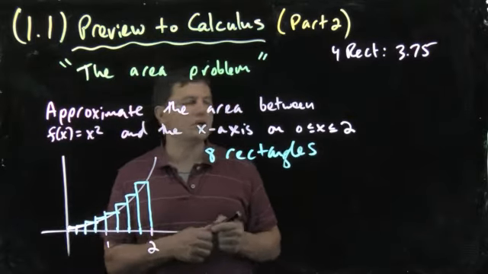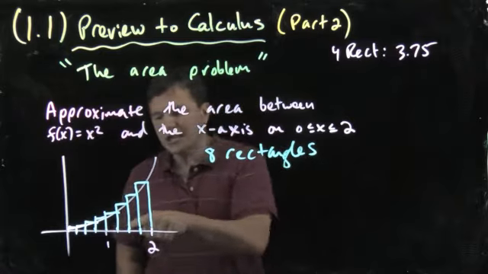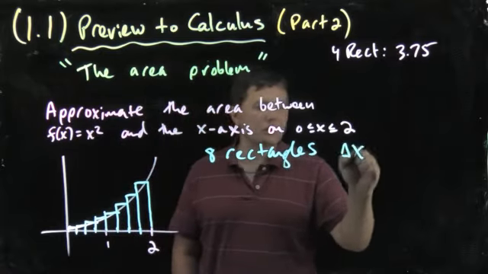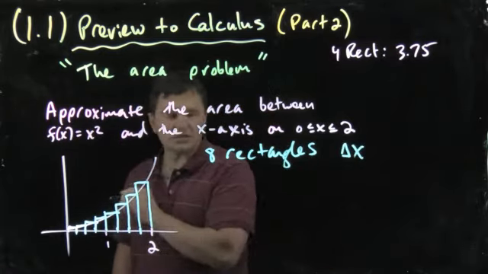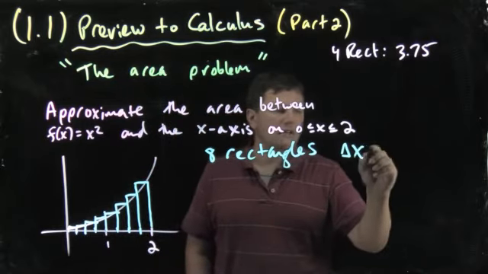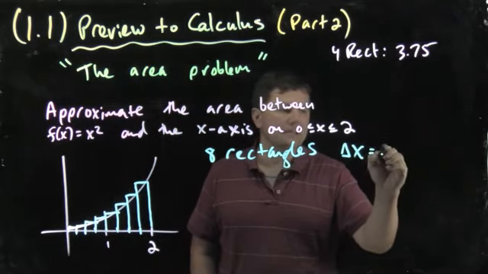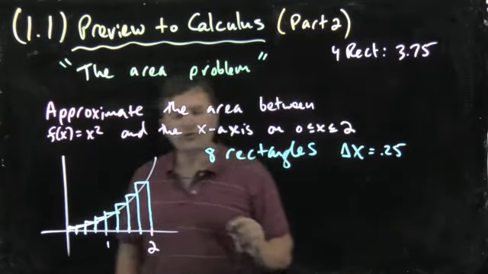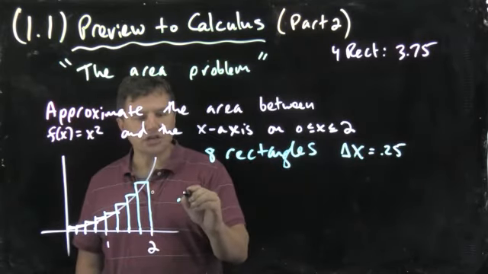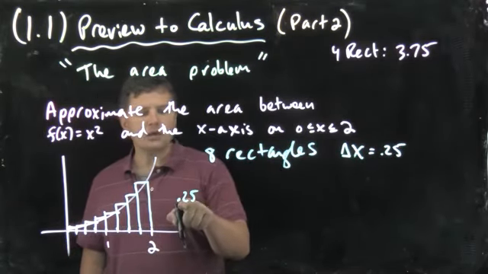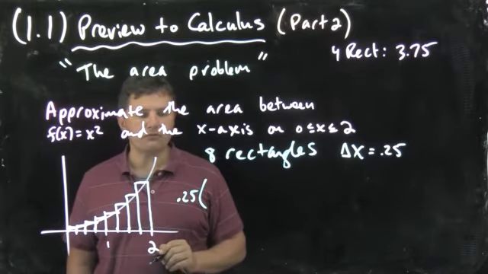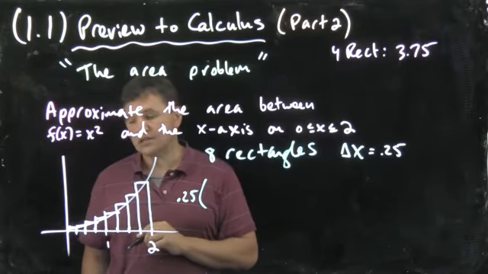Okay, so 8 rectangles, once again, the shapes aren't changing here, so let's figure out what the delta x is. If I go 2 minus 0, that is 2, divided by 8 this time, that's going to be 0.25. So since I know the shape isn't going to change, I'm going to save myself some time. The width for each one of these is 0.25, and then I'll just count the various heights.